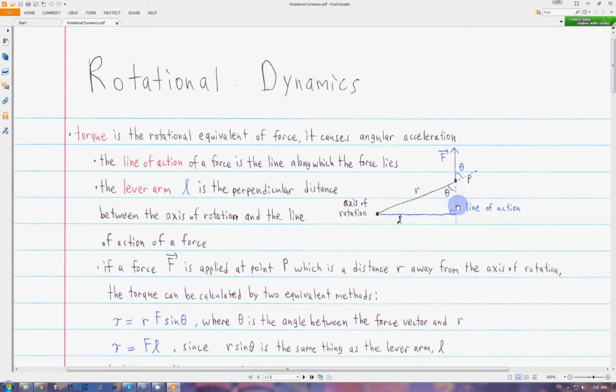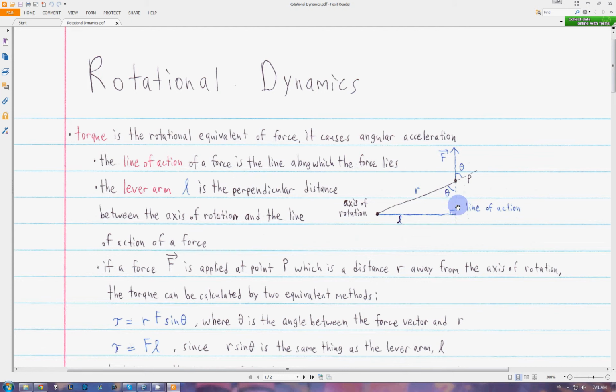So if we have a rotating object that has multiple point-like objects in its system, then the total moment of inertia of the whole object is the sum of the moments of inertia of each of these points. So it'll just be the sum of the mr squareds for each point.